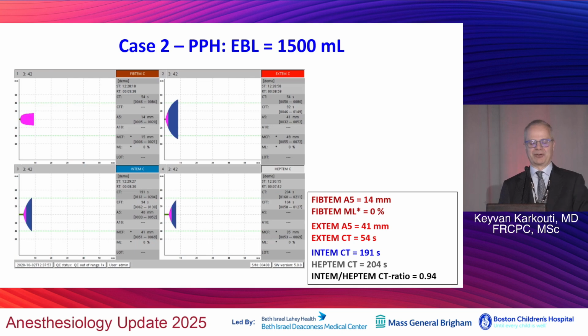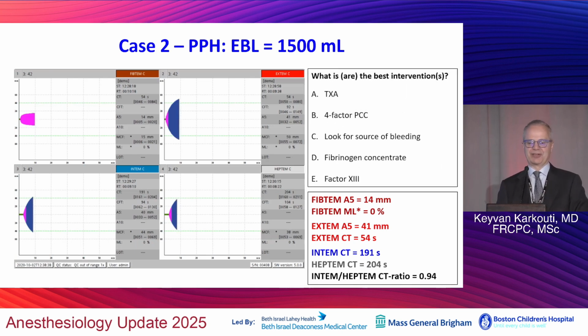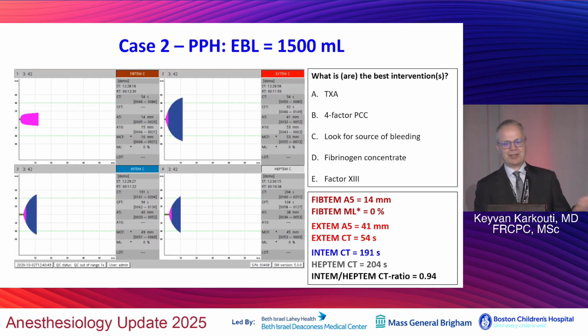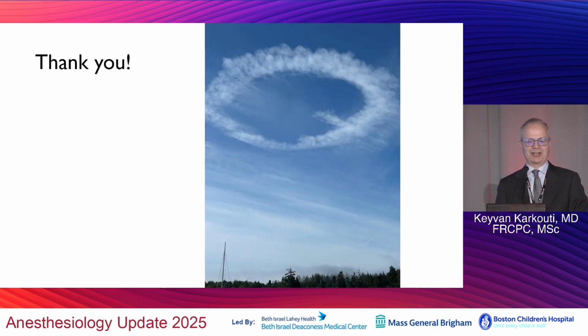This is a normal coagulation parameter with ROTEM, which means you should look for a source of bleeding, and in this case, they treated uterine atony, and it stopped the bleeding. So it's a good way to rule out coagulopathy also. You could also give tranexamic acid if you wanted to, but a little bit of oxytocin fixed the problem, and that was it. And with that, I'm going to stop.